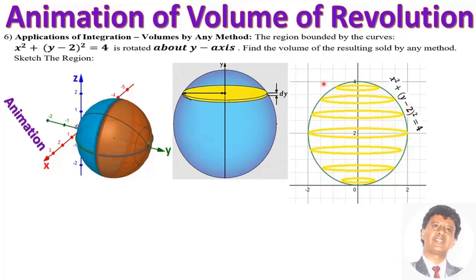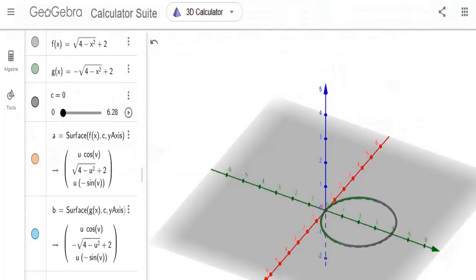When you rotate this around the y-axis, you obtain the sphere. We look at it going around the y-axis, and we'll look at this animation.